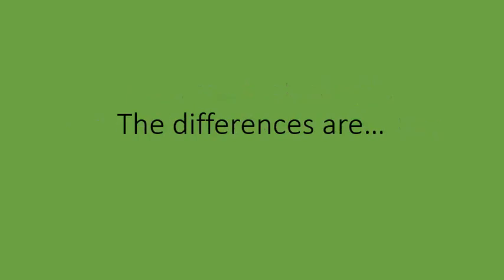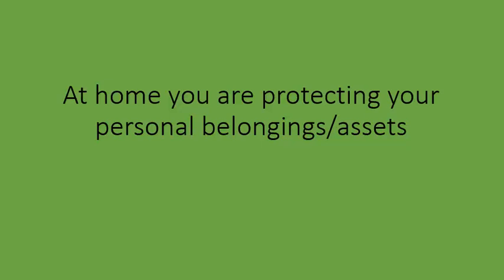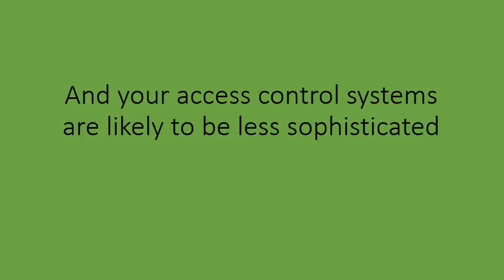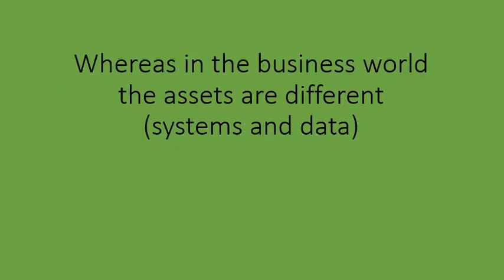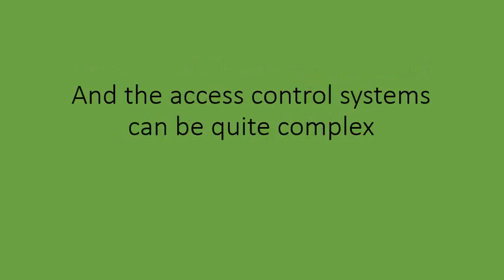The differences are: at home, you're protecting your personal belongings and your assets, and your access control systems are likely to be less sophisticated. Whereas in the business world, the assets are different, for example, systems, equipment, data, and so on. And the access control systems can be really quite complex.